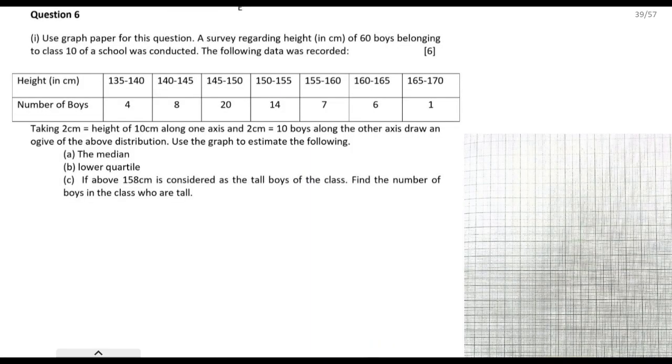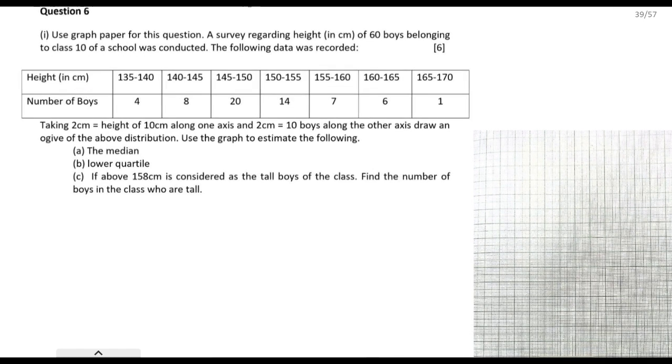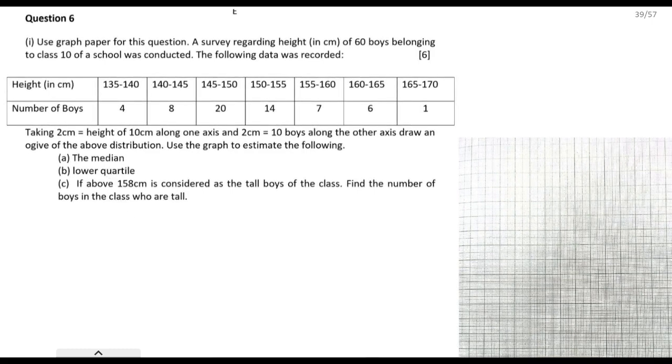Question number 6, part 1. It is based on ogive. Height in centimeter हमें given है, number of boys given है, and we have to draw ogive. Taking 2 centimeter is equal to height of 10 centimeter along one axis, 2 centimeter is equal to 10 boys along other axis. First of all, find cumulative frequency.